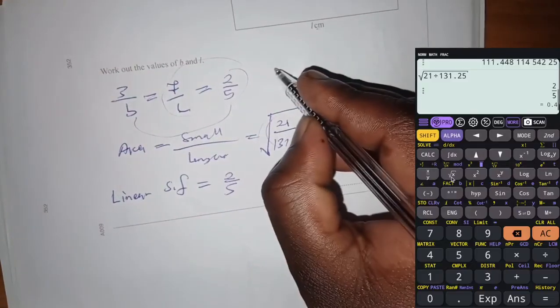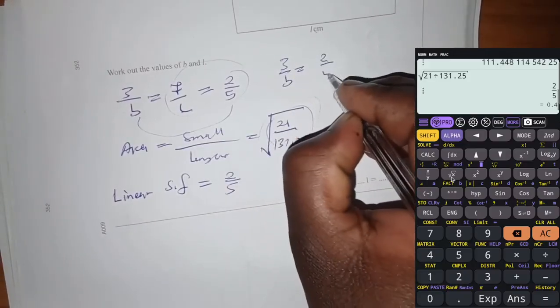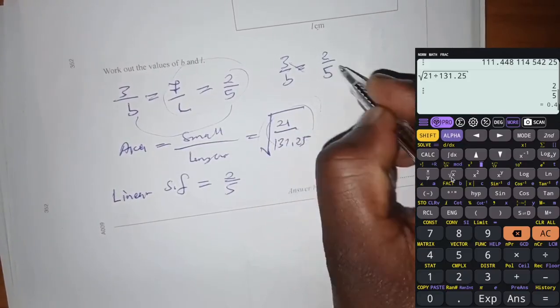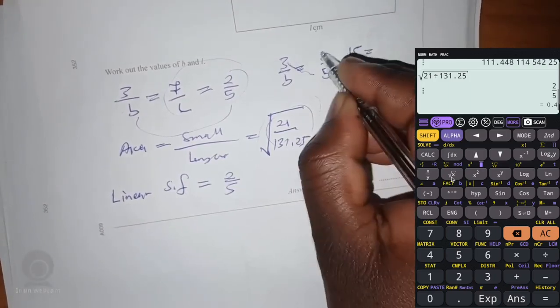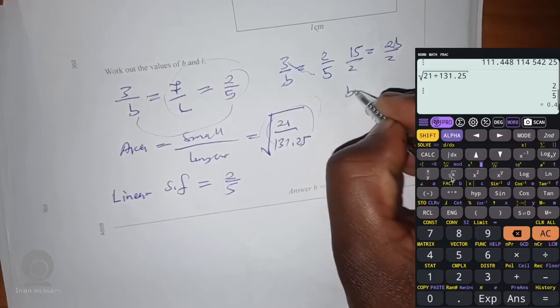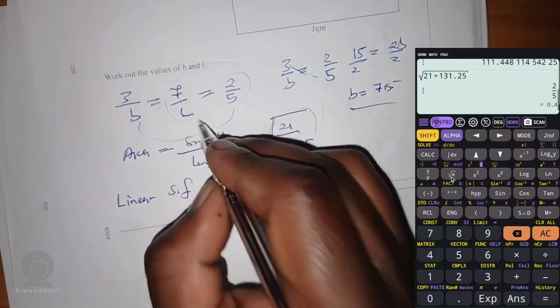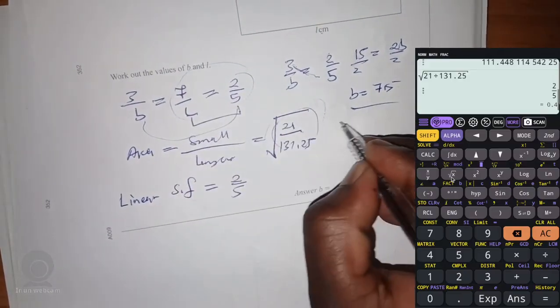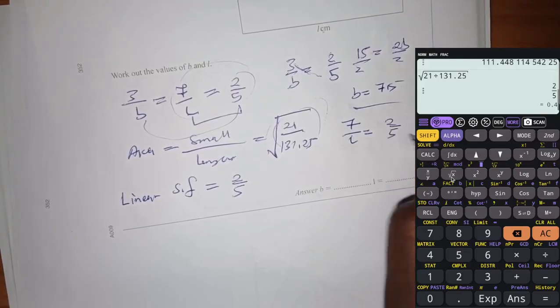So now to find B first, 3 over B is equal to 2 over 5. Cross multiply. 3 times 5, this is 15, is equal to 2B. Divide by 2 on both sides, then your B is equal to 7.5. Now combine these two. 7 over L is equal to 2 over 5.